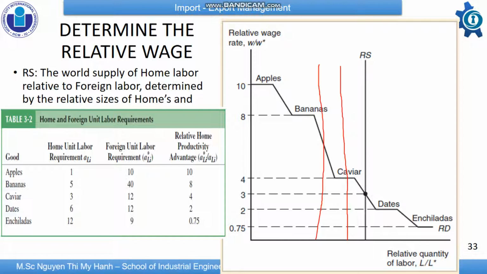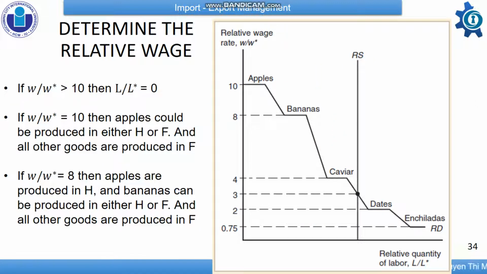Okay. So if the relative wage rate is larger than 10 in this area, the relative quantity of labor is equal to 0. Okay. And those conclusions I already presented to you earlier.